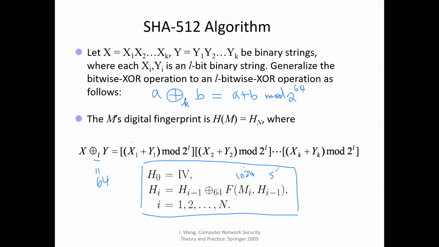Hi minus 1 is 512 bits long, and it generates an output of 512 bits long. Okay, so you add it up with the previous one, take the modulo 2 to the 64, repeat this for n times, and then Hn is the output of your hash code. Okay, so that is SHA-512.